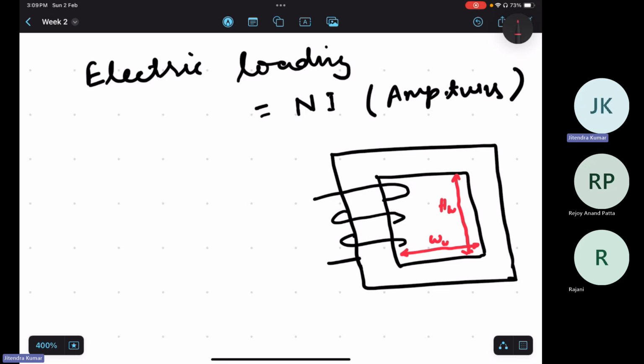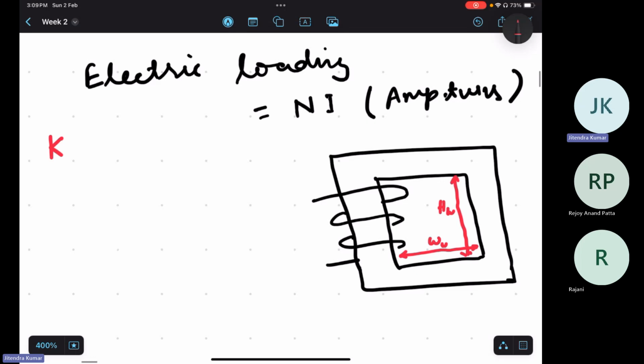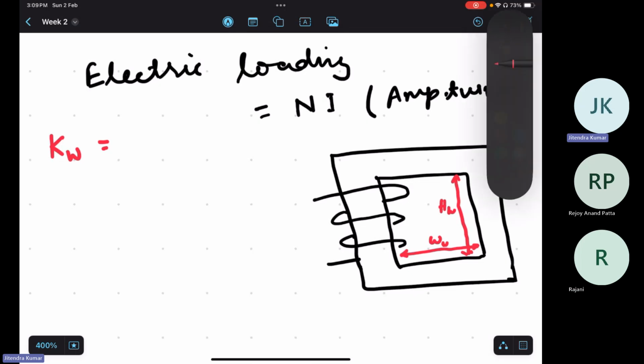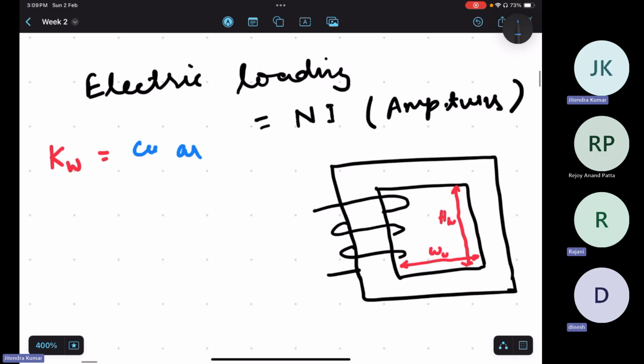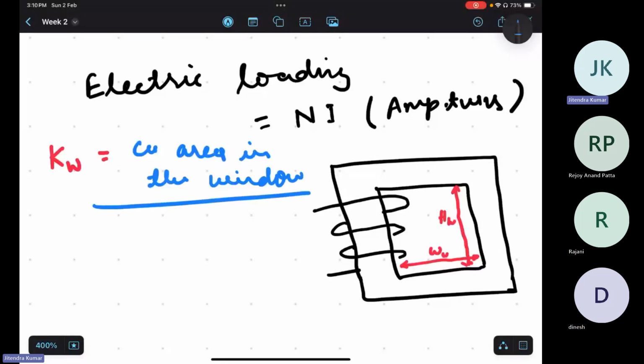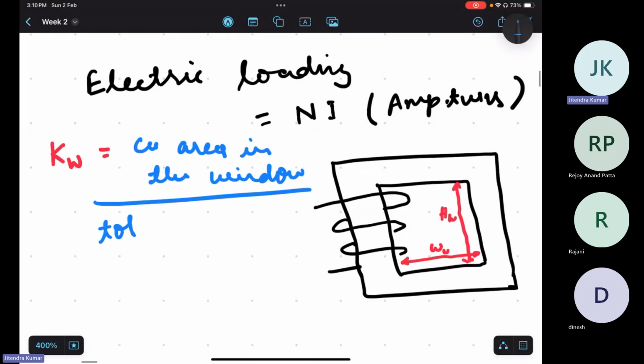Okay, no problem. So now the window factor we wanted to find out, right? Yes. This is called the window factor, which is nothing but the copper area in the window divided by the total window area.